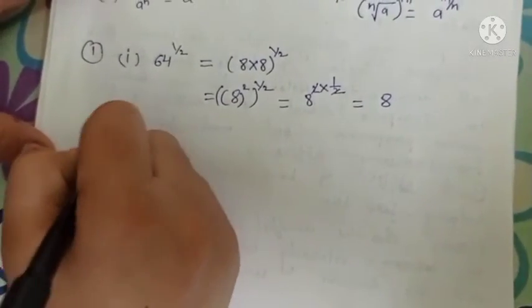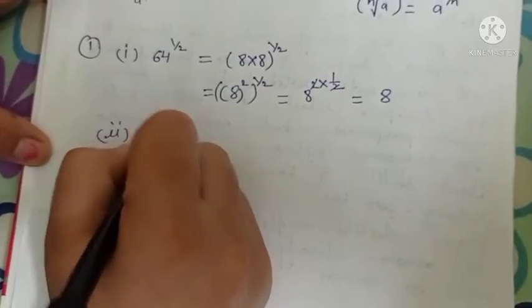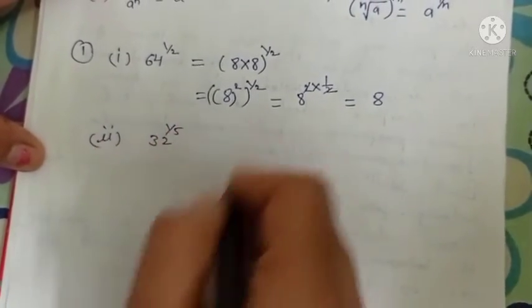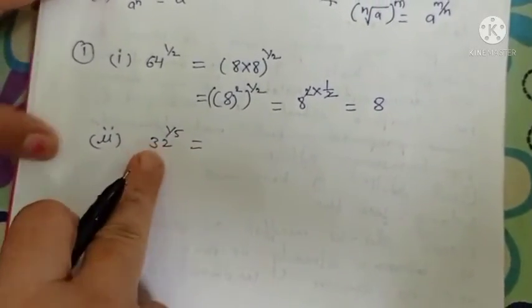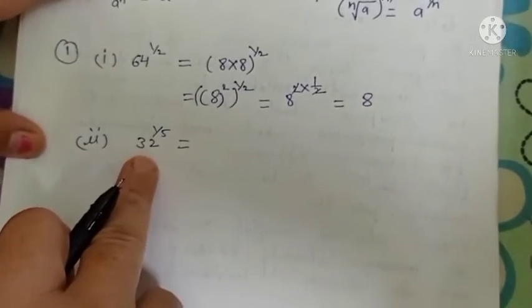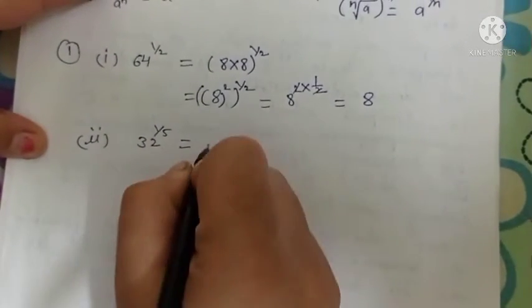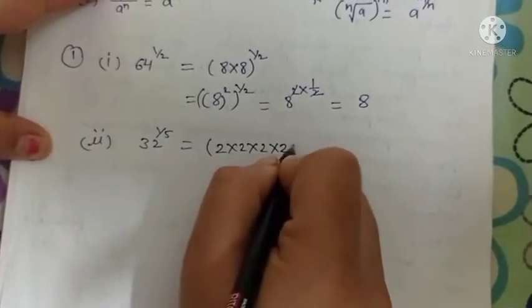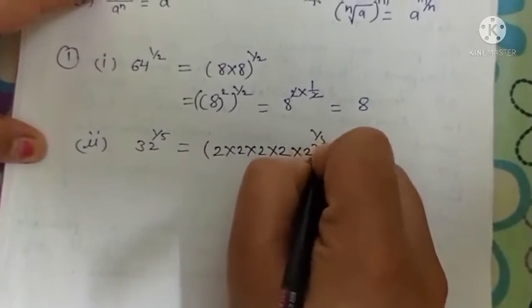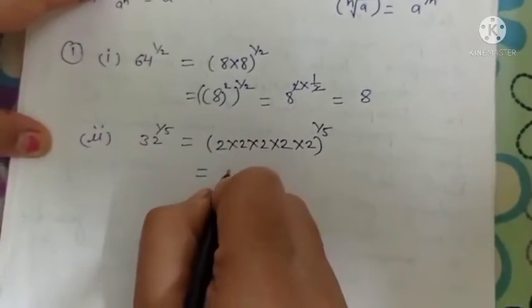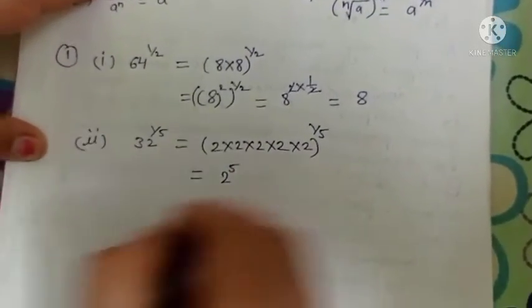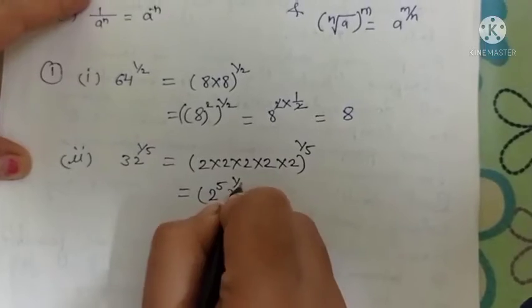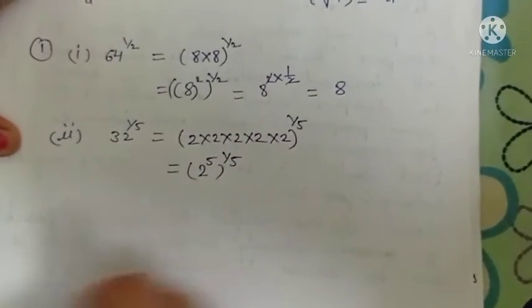Second question is 32 power 1 upon 5, and we know that when we multiply 2 five times, then we get 32. So 2 into 2 into 2 into 2 into 2 power 1 upon 5, and we can write it 2 to power 5 bracket 1 upon 5.